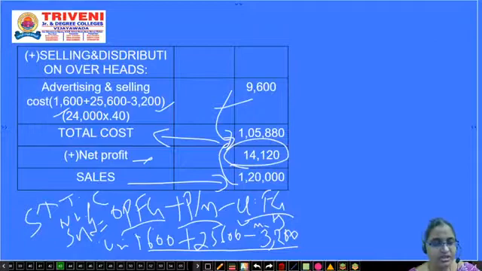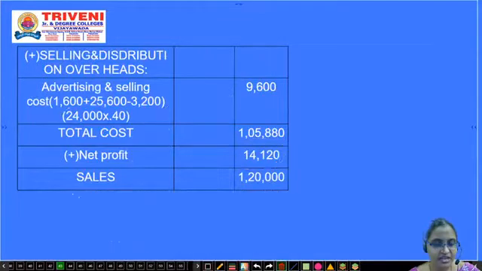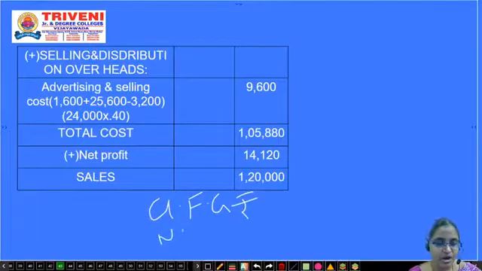So in this sum you calculate two missing items. The first missing item was closing finished goods in rupees. The second missing figure was number of units sold.